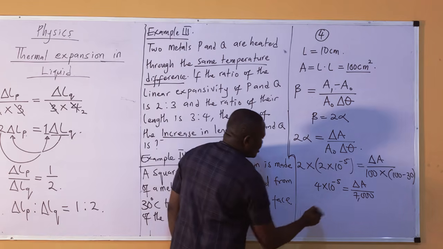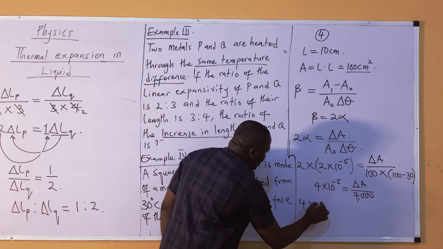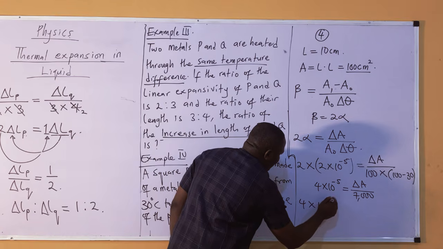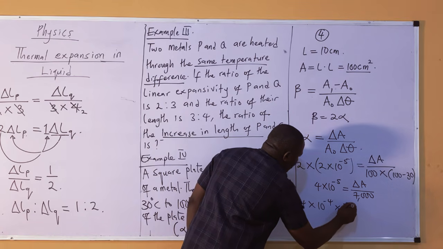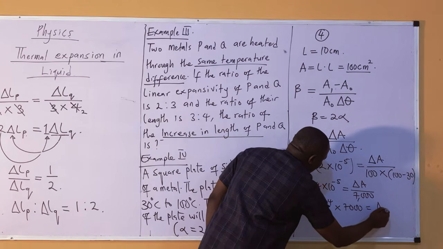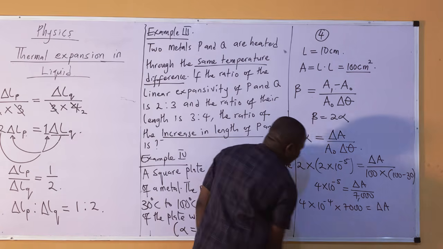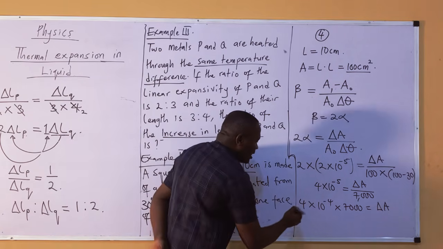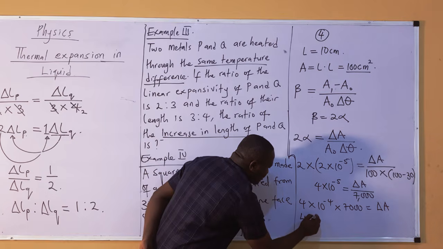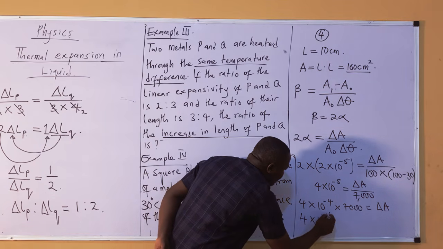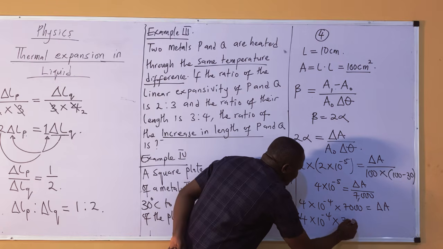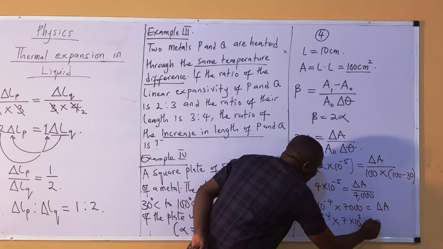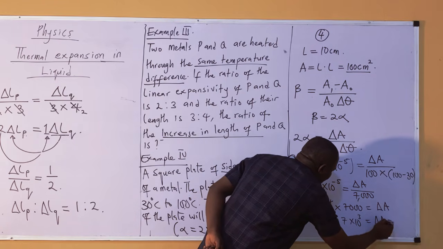Cross multiply: 4 times 10 raised to the power minus 5 times 7,000 is equal to change in area. This becomes 4 times 10 raised to the power minus 5... 4 times 10 to the power minus 4 times 7 times 10 raised to the power 3 is equal to change in area.